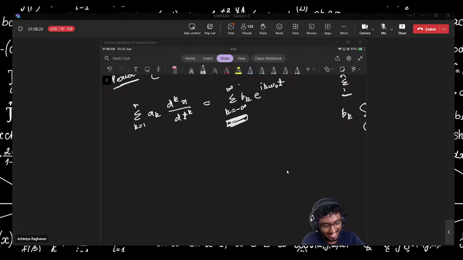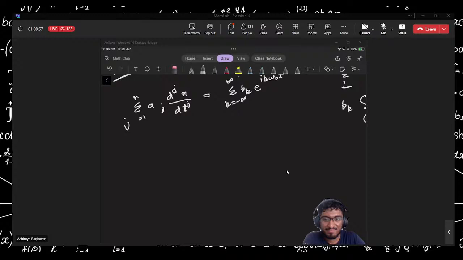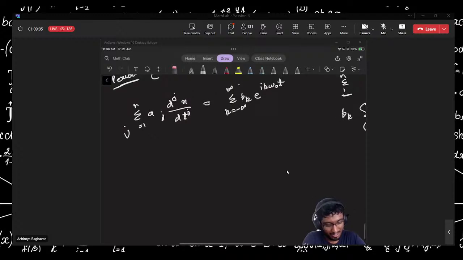There should be some summation, right? Sorry if this is confusing you. I'll change this variable. Let's say J or something. It's not the same K, obviously. So, any guesses? If you have doubts, also ask the doubts. If you feel I'm going too fast or you didn't understand something, please ask.